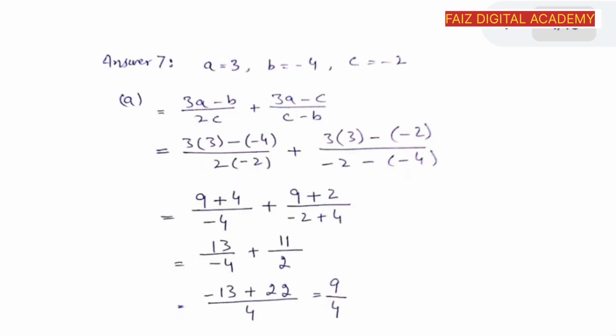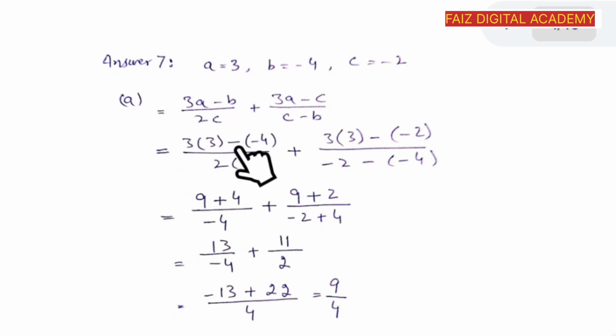So moving towards the a part, first I have written the algebraic expression which they have given us, and then in the first step just put the values of the variables. If it is 3a, it means that 3 is being multiplied with a, so the value of a is 3, so we write it as 3 into 3.